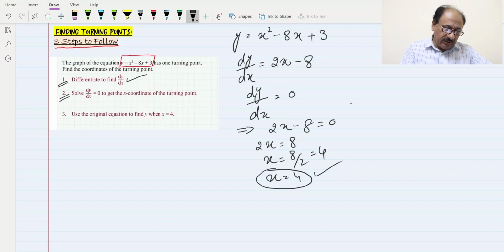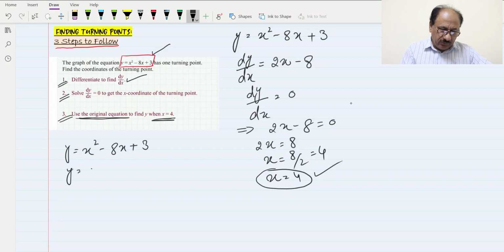Now the final and third step is to use the original equation. What is the original equation? This given equation, y is equal to x squared minus 8x plus 3. To find the y coordinate, we replace x with 4. So y will be equal to 4 squared minus 8 into 4 plus 3.